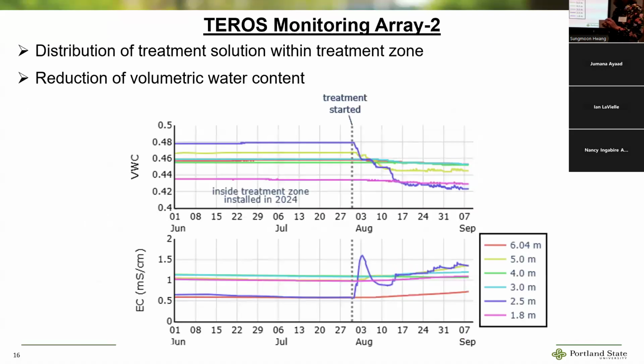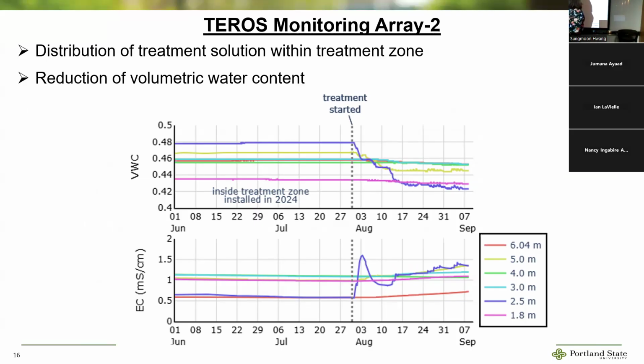This is results from one of the Teros monitoring arrays, the new one that we installed in the treatment zone, plotting time throughout the summer from the start of treatment, volumetric water content interpreted from the sensors, and also the electrical conductivity.